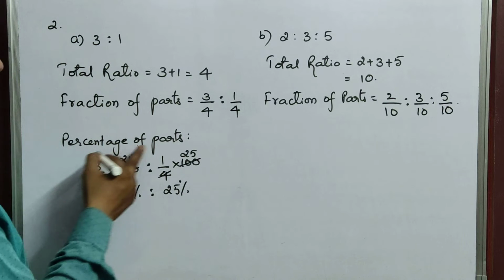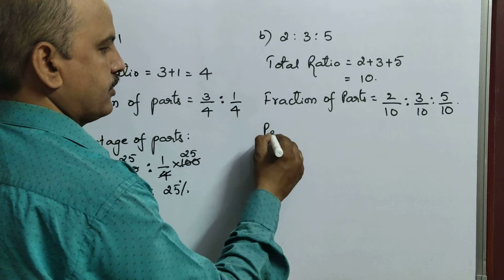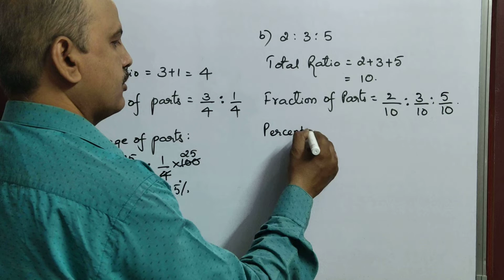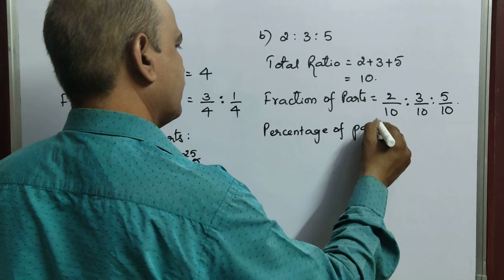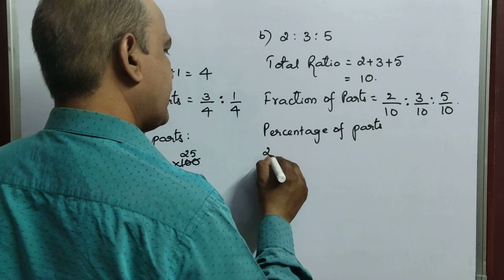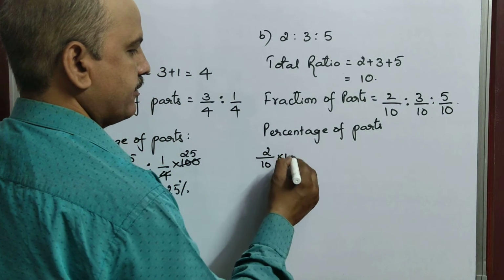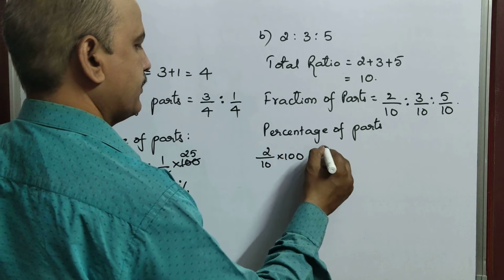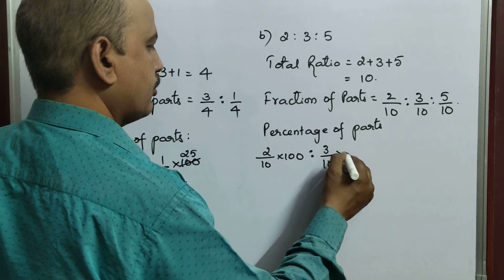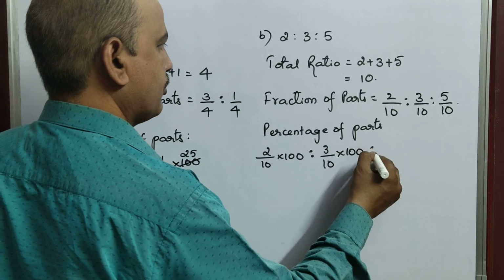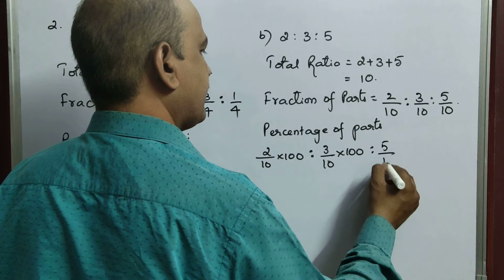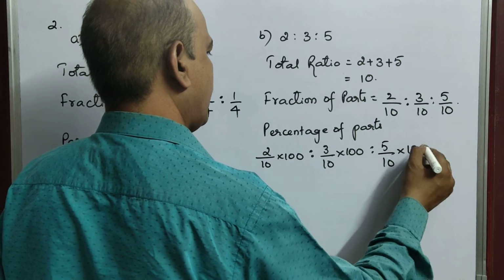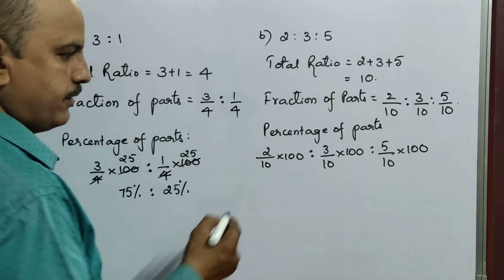Now it is asking percentage of parts. Percentage of parts equals 2 by 10 into 100 is to 3 by 10 into 100 is to 5 by 10 into 100, because for percentage you have to multiply with 100. Okay.